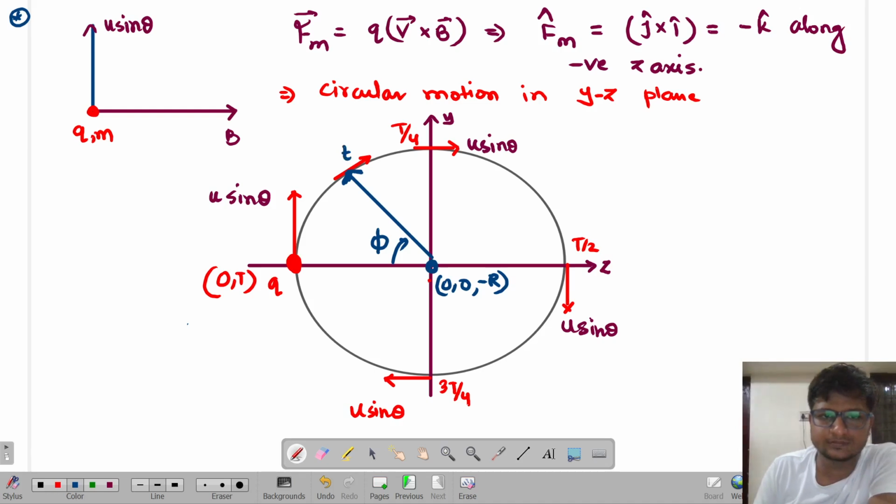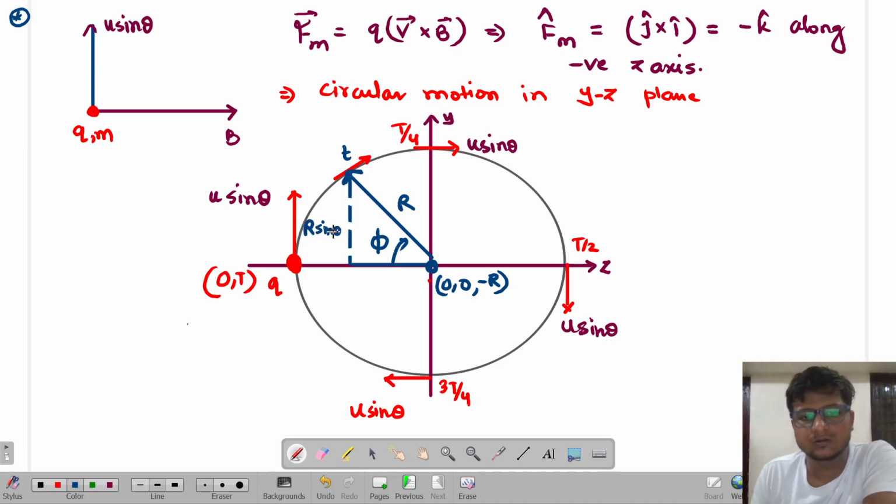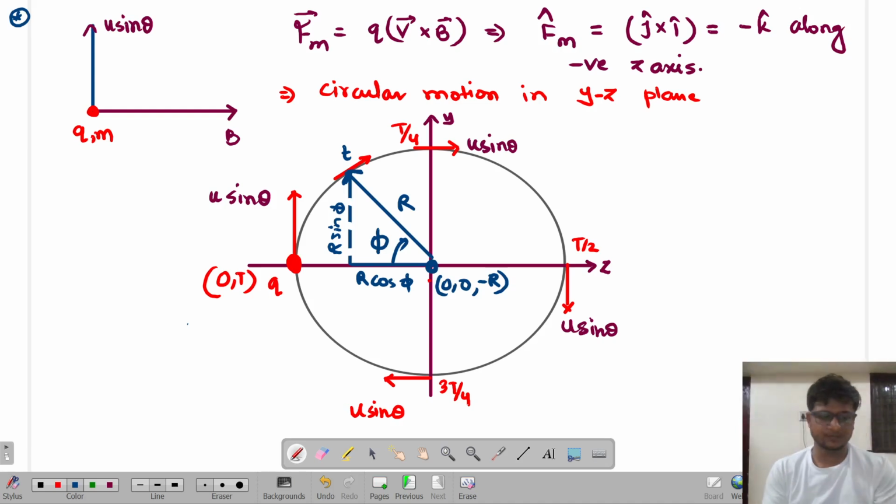And if I construct a right angle triangle on it, and if this is radius r, then this is R sine phi, and this is R cos phi. Are you able to get me or not? So let us write all these things. So we have a motion in the circular path.